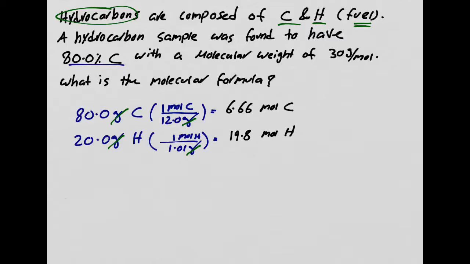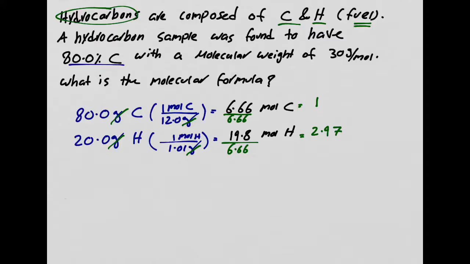Okay. Now what I have to do, I have to divide by the smallest number of moles. What's the smallest number of moles? 6.66, right? So what I have to do now, I'm going to divide it by 6.66. If I do that, I get 1 and I get 2.97.